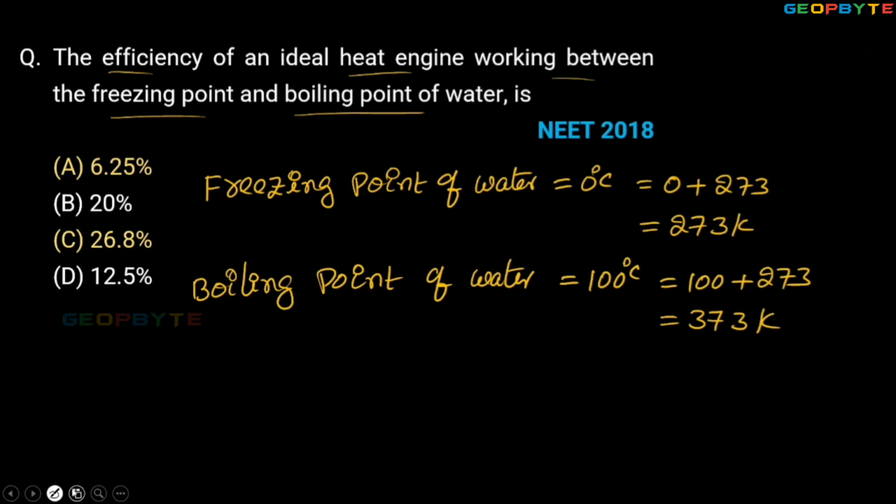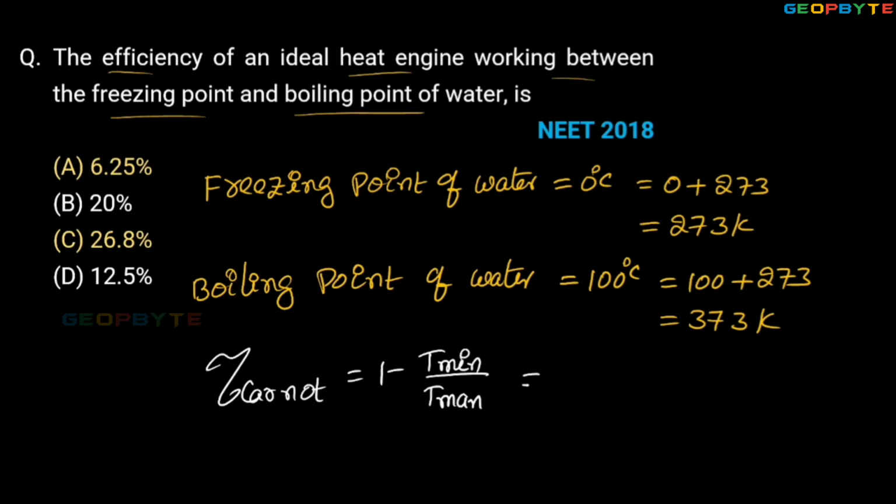Here, ideal heat engine cycle efficiency means Carnot cycle efficiency. Carnot cycle efficiency equals 1 minus the minimum temperature in Kelvin by the maximum temperature in Kelvin. That is 1 minus 273 by 373, which equals 0.268.